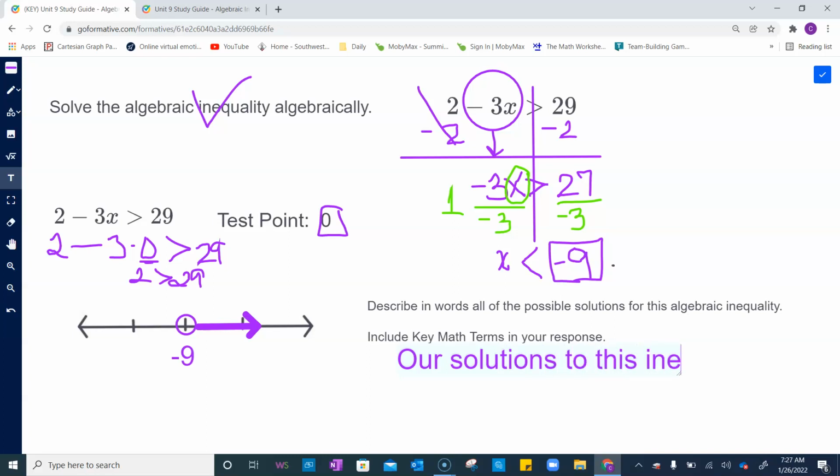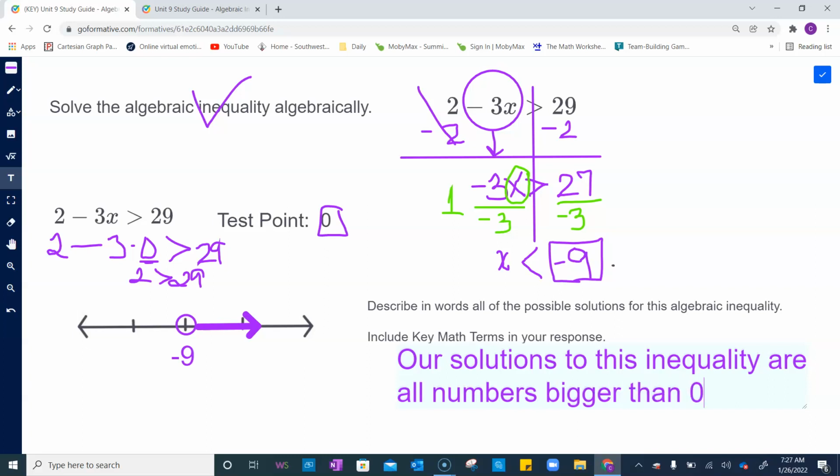Our solutions to this inequality are all numbers bigger than, greater than, more than, I'm sorry, bigger than negative 9. Okay, so that's one way to say it.